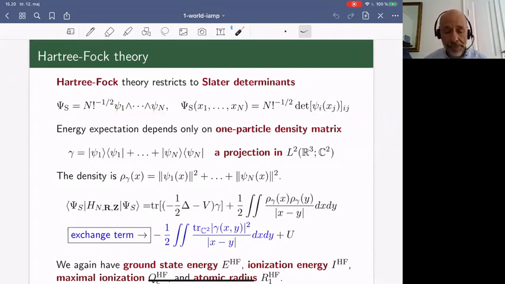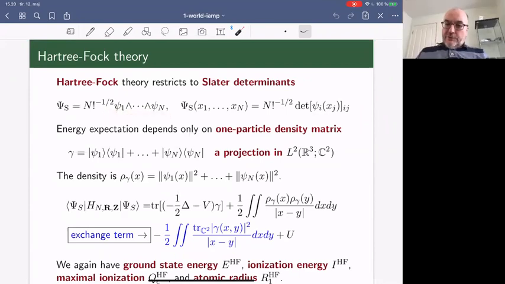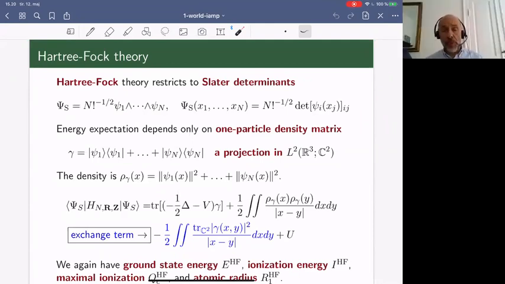Yes, sorry, another question in the chat. What is the rate of decay of the density with respect to x? I think it will be exponentially decaying, but I don't know. It may only be polynomial decay. I'm not totally sure, for the neutral atom.